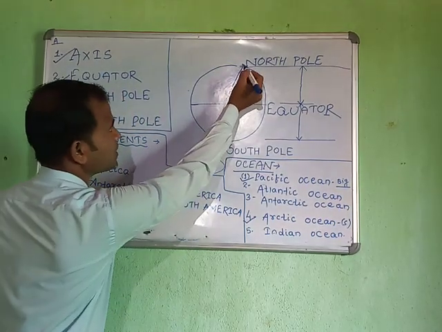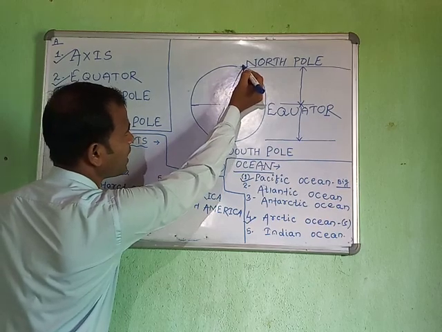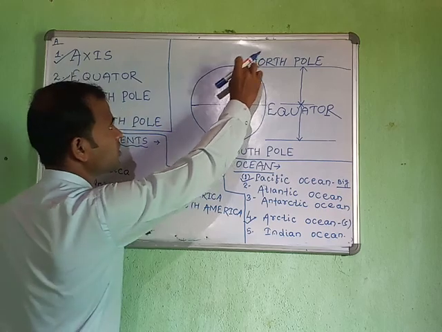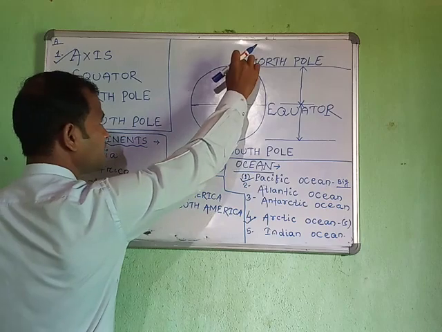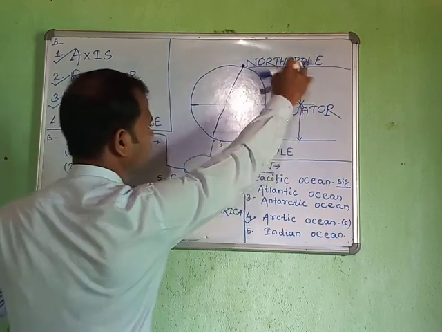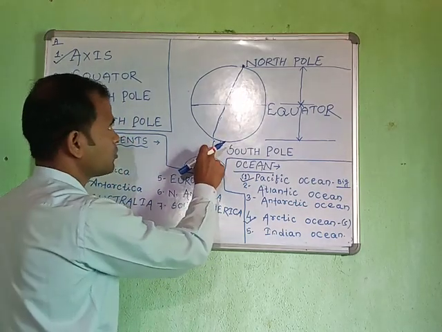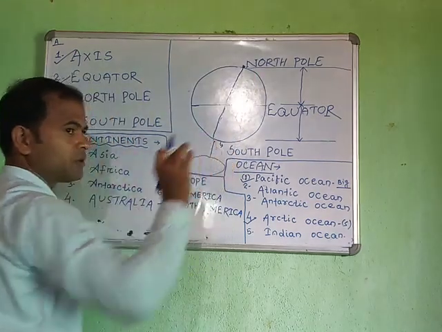See this part, the top part of the Earth. The top part of the Earth is called North Pole, and the bottom part of the Earth is known as South Pole.